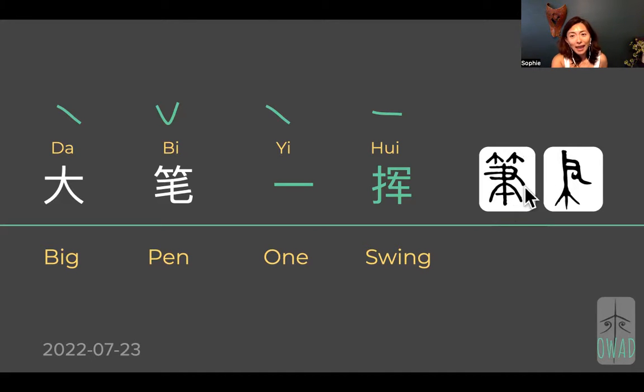Okay, 笔. You see the contemporary simplified Chinese and the original one look very different. The contemporary one also makes sense because this character means fuzzy hairs. So 笔, as Chinese speakers, we know it's talking about 毛笔. 毛 is the bottom portion of it.